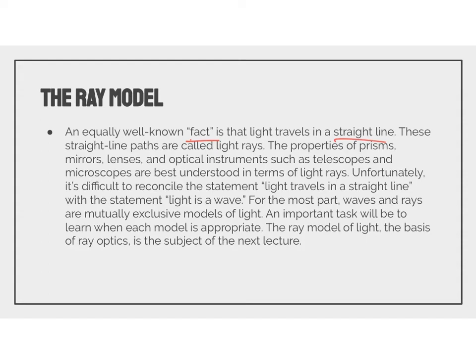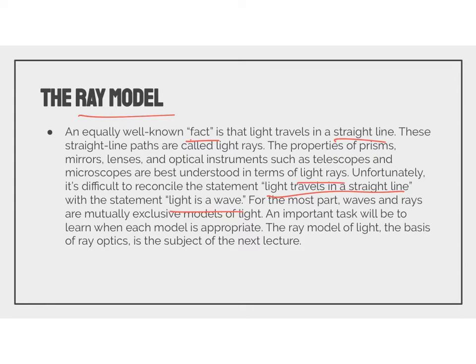We will also take a look at the fact that light travels in a straight line, and this will get us into the ray model of light, and we'll look at light rays. The properties of prisms, mirrors, lenses, and other optical instruments like telescopes and microscopes help us describe light acting as a ray. Unfortunately, it's hard for us to know that light travels in a straight line with the statement that light is a wave. So those two things kind of contradict each other.